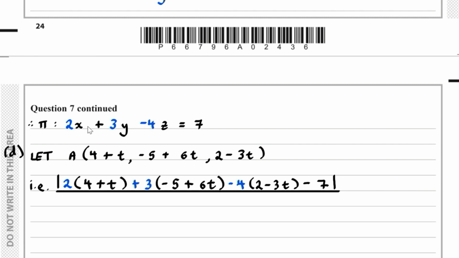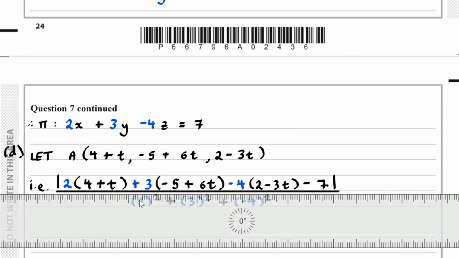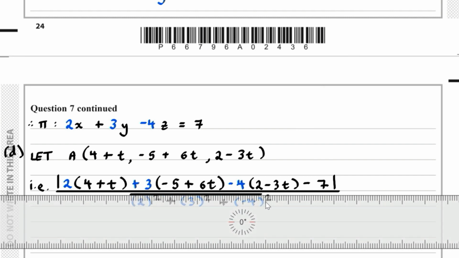2 squared plus 3 squared plus minus 4 squared, and then this is square rooted.